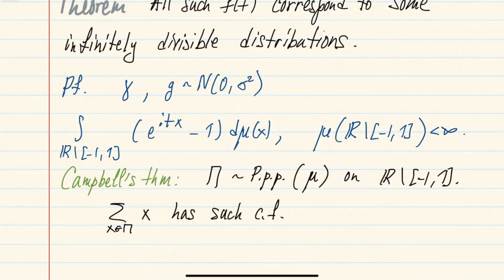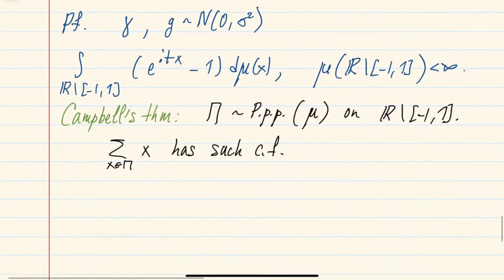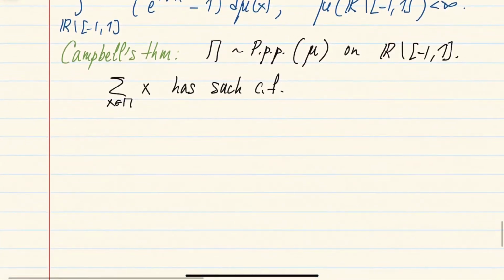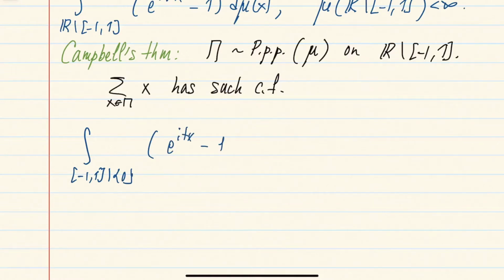And finally, the only new piece that we haven't seen before is the integral between -1 and 1. Now we exclude the point 0, and then we integrate e to the itx minus 1 minus itx, and here I don't need to write the indicator since we're already on that interval.